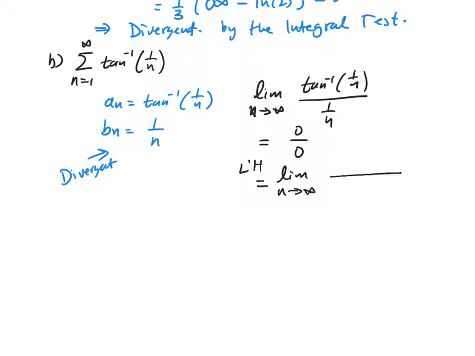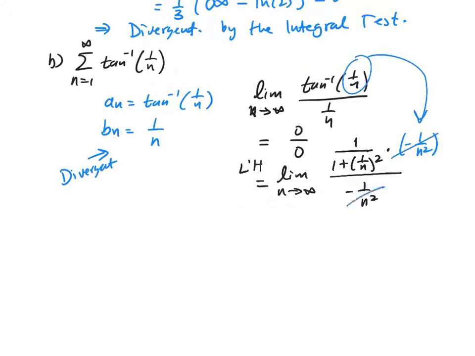The derivative of the bottom is going to be minus 1 over n squared. And recall that the derivative of tangent inverse is 1 over 1 plus the argument squared times the derivative of the inside, which in this case is again negative 1 over n squared. That's the derivative of this part.